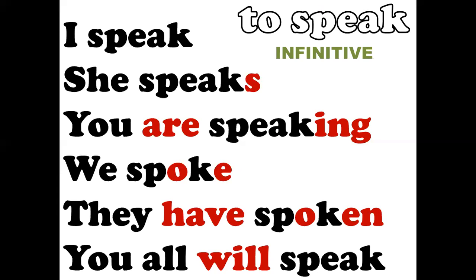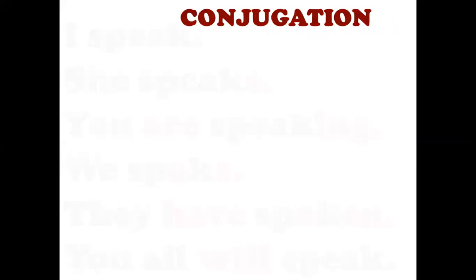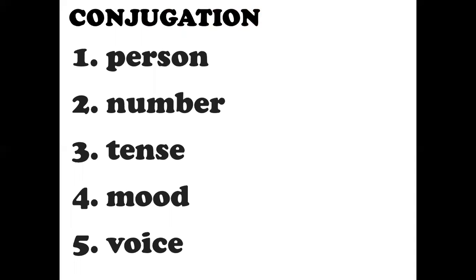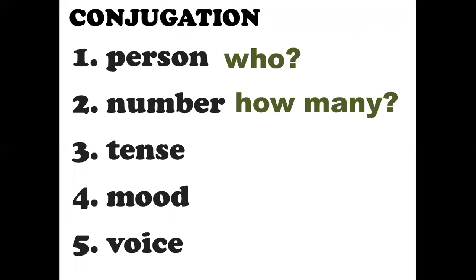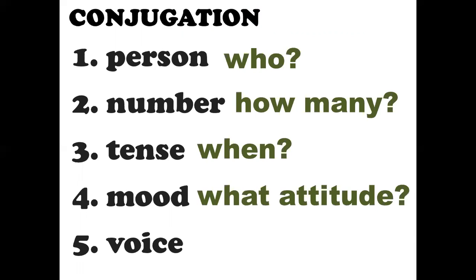So what information does conjugation give us? So you can see here, it tells us who is doing the action, how many people are doing the action, when they're doing it, in what time period, what attitude they have towards that action. Is it something that will be done?